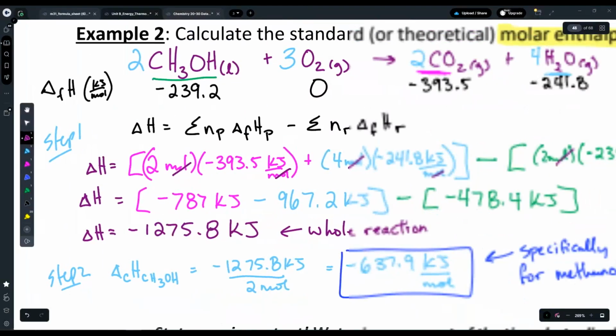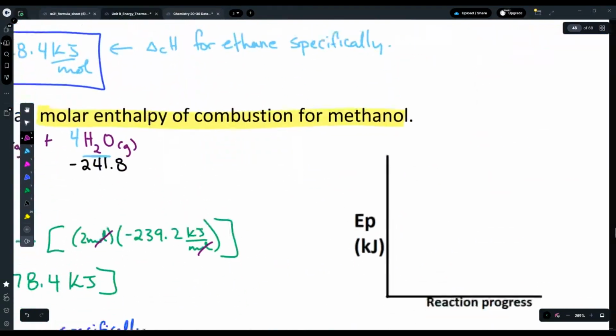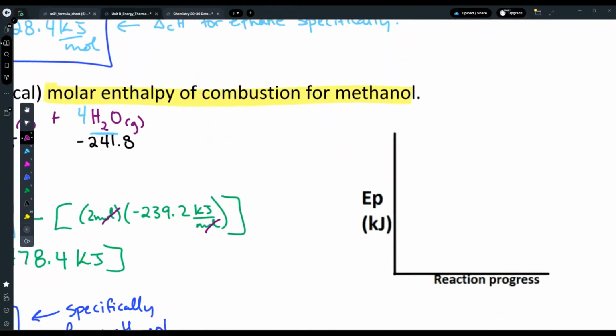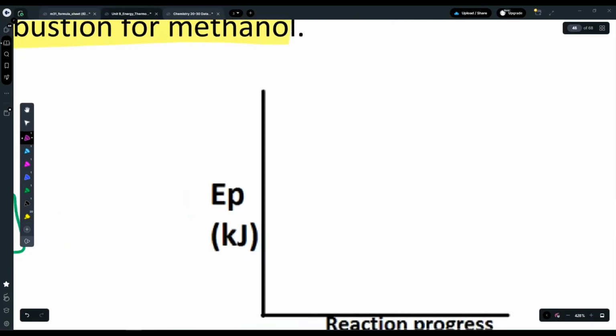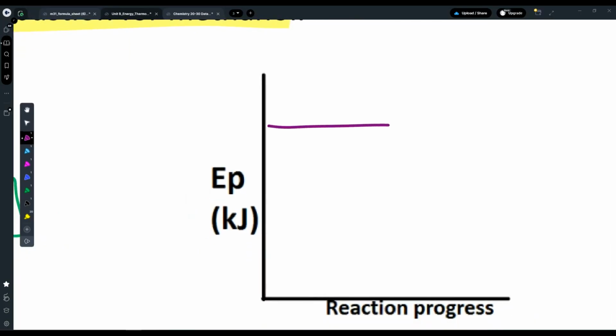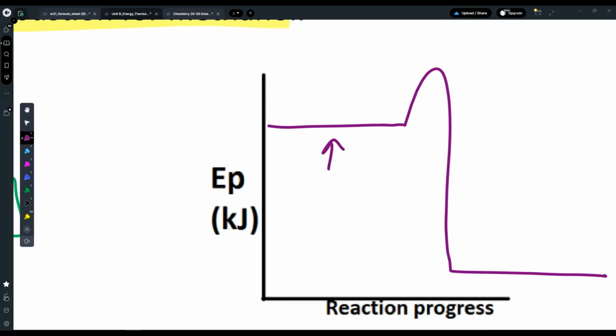Okay, so this is an exothermic reaction, and I know that exothermic reactions look like this. Your reactants have more potential energy than your products.